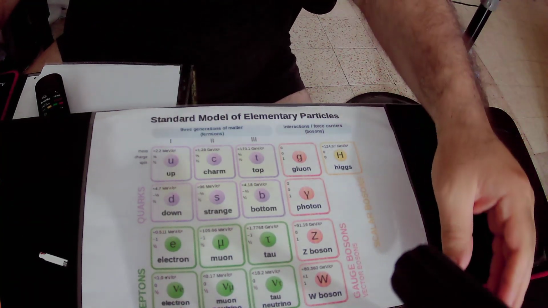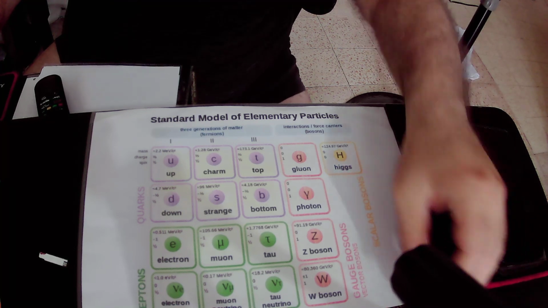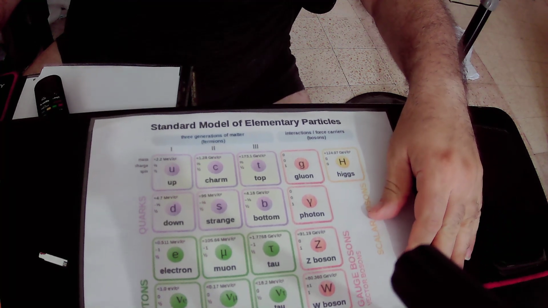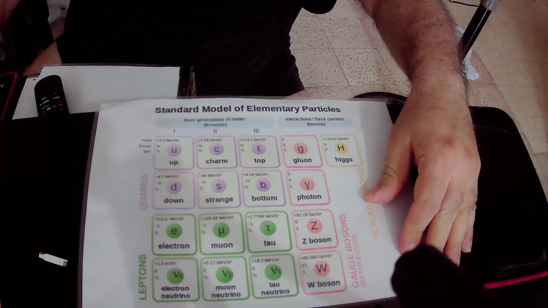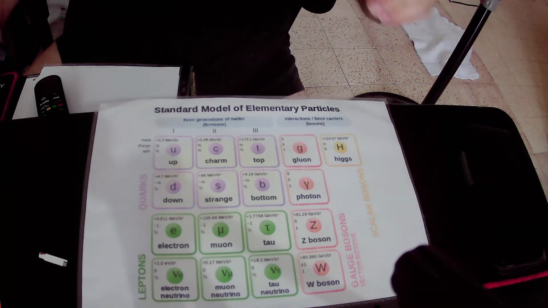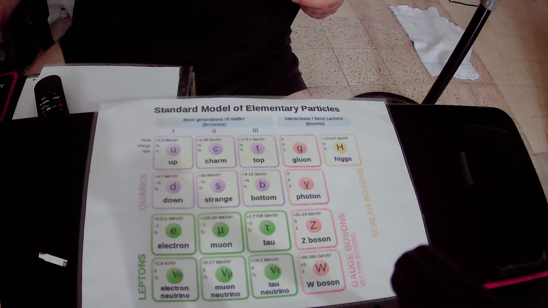Those are the 17 elementary particles, and there is another corresponding antiparticle for each of them. So we have 17 elementary particles and 17 elementary antiparticles.